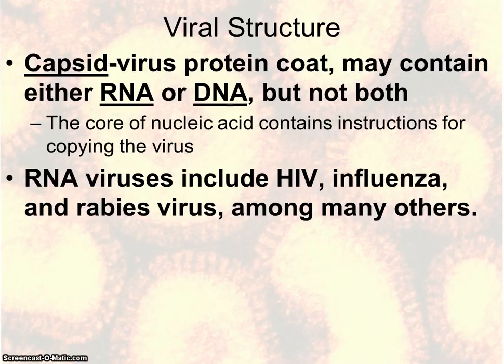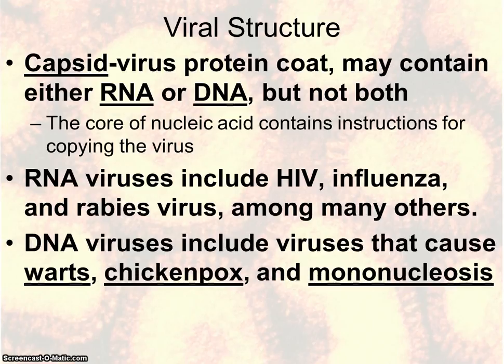There are RNA viruses and DNA viruses. Some common examples of RNA viruses would be HIV, the flu virus, the rabies virus, and there are others, but those are some of the common ones. Some common types of DNA viruses would be warts. If you have warts that pop up on your hands, usually it's extremities like hands, fingers, elbows maybe, that's caused by a virus. That would be a DNA virus.